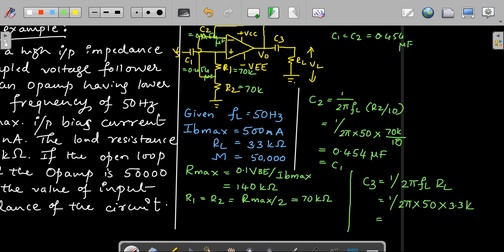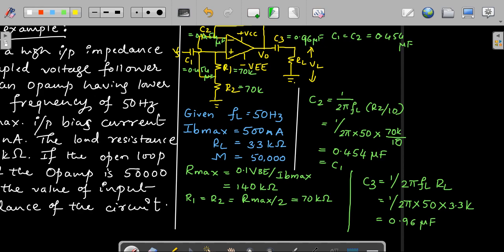I think this C3 comes somewhere around 0.96 microfarad. Please check this. So this is 0.96 microfarad, C3.